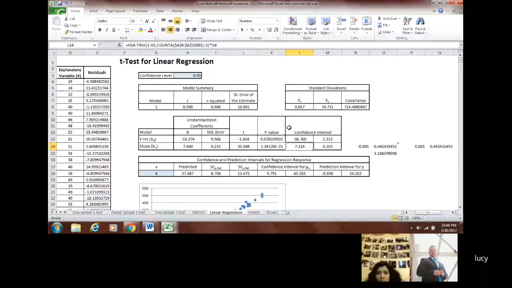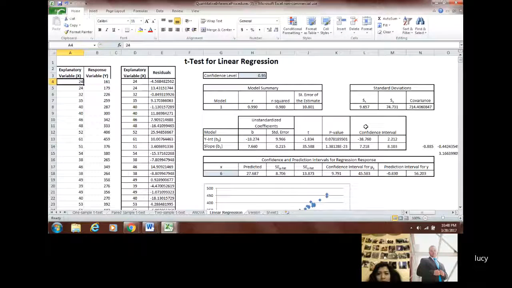Yeah. Let's start over. What did you put for your explanatory variable? For the explanatory, I have 20. Did you start with 24? Yeah, me too. And for the response variable, I did 161.